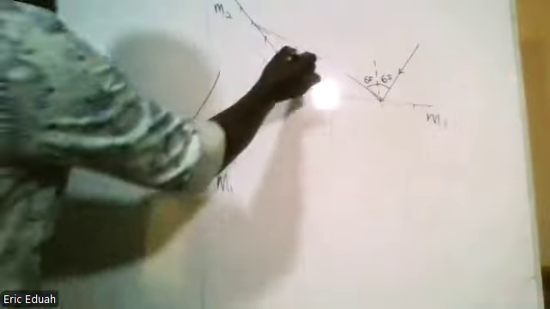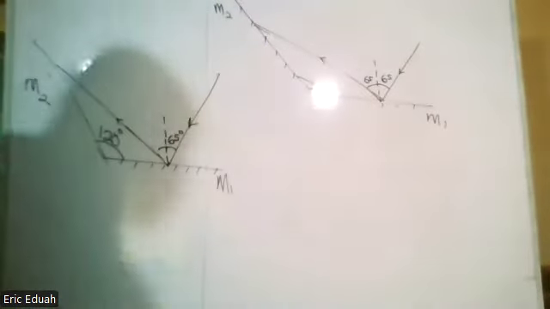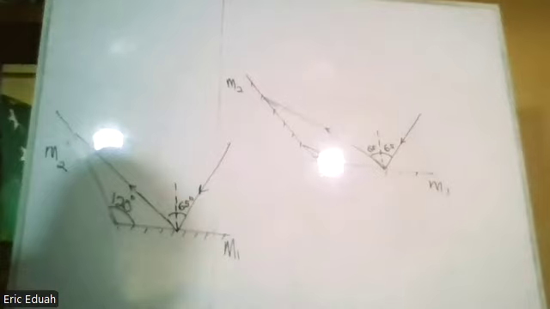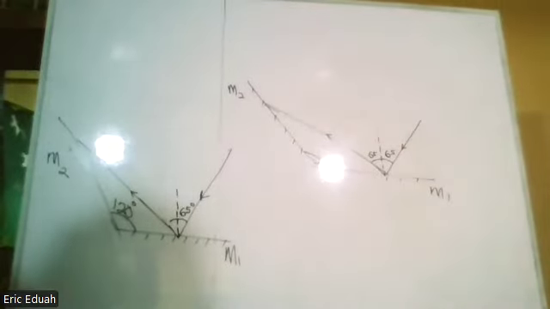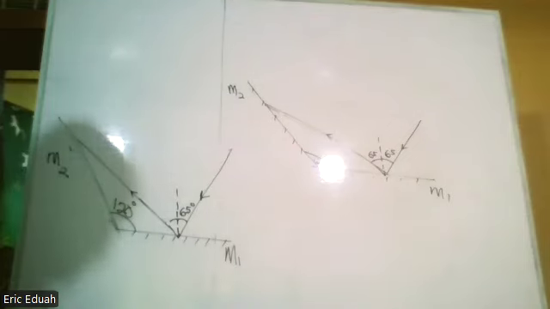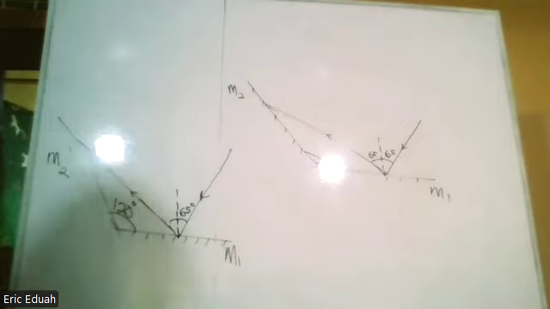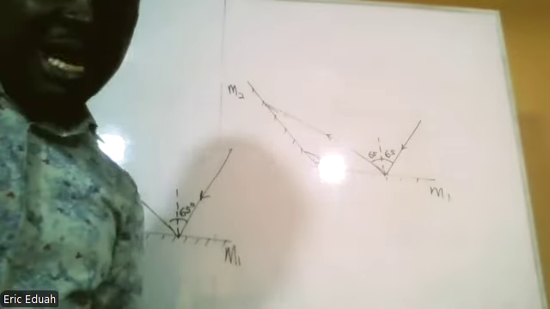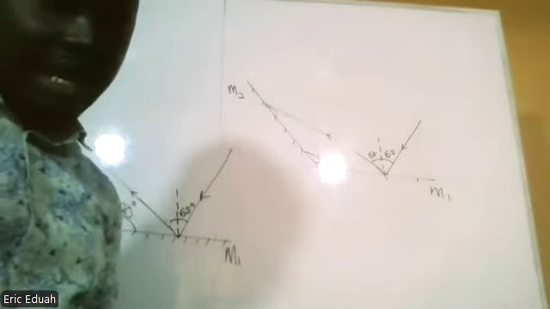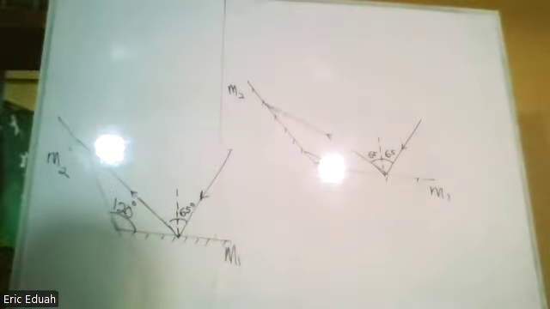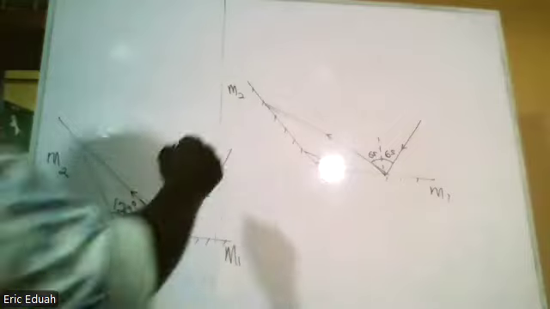So this is also 65. So the ray is incident on mirror 2. Find the direction of the ray after it is reflected from the second mirror. The direction is the angle of the ray after it is reflected from mirror 2.